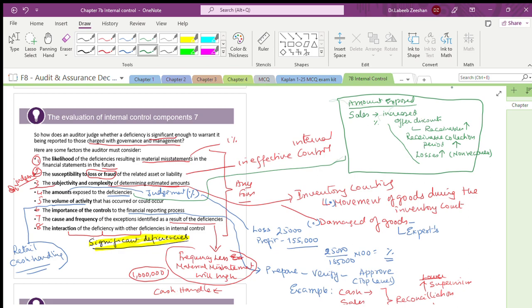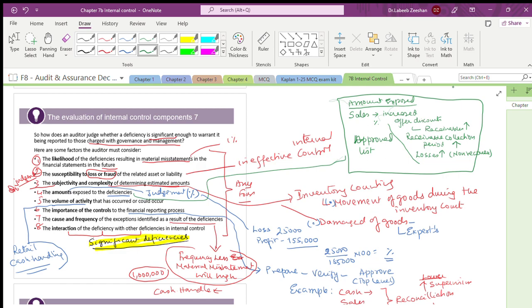Now, whenever you are selling on credit, you should have an approved list of the clients who are not blacklisted, who have not defaulted. You give discounts, fine, but give discounts only to those people who are approved.